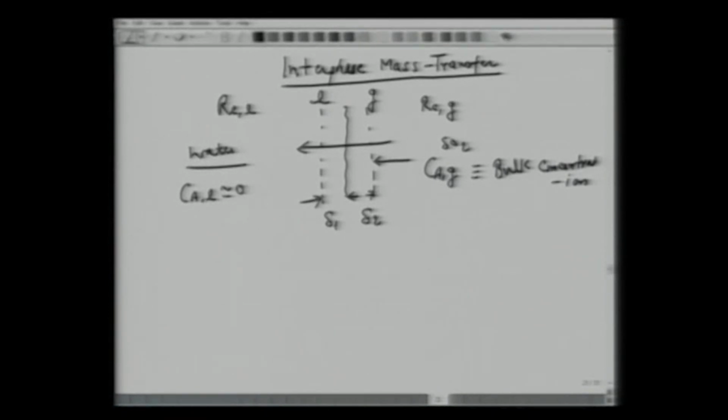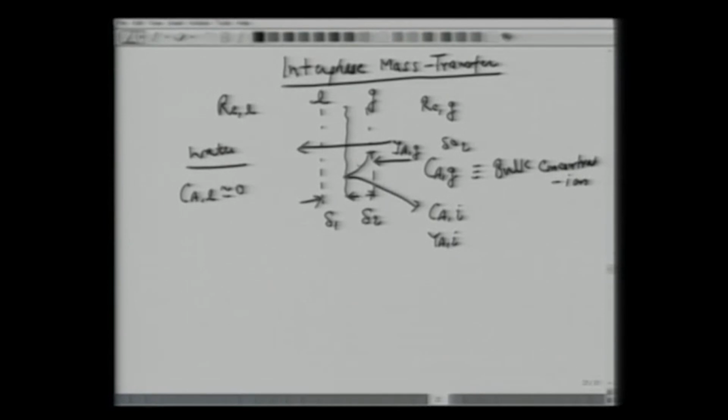So when we say interface mass transfer diffusion, all we are trying to say is that the concentration will drop from here, from CAG, to an interface concentration, which we can say is CAi. So the concentration drops from CAG to Ci, or for the gas phase we can say that it drops from YAG to YAi.